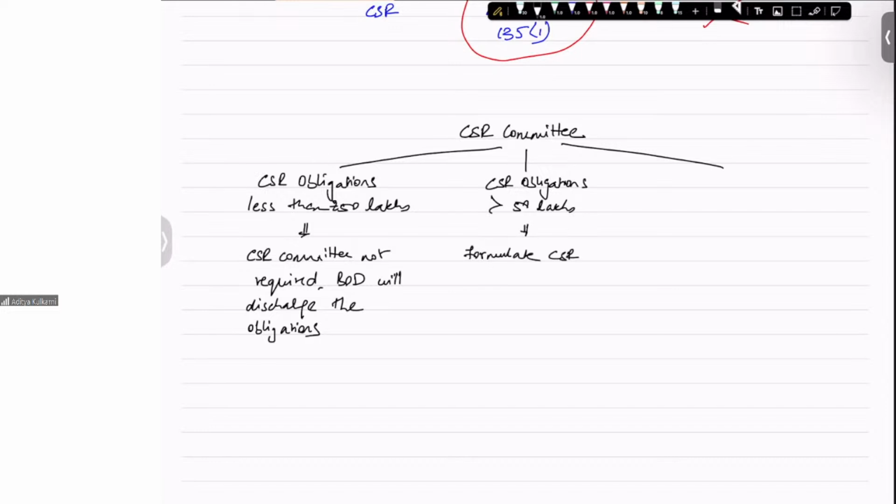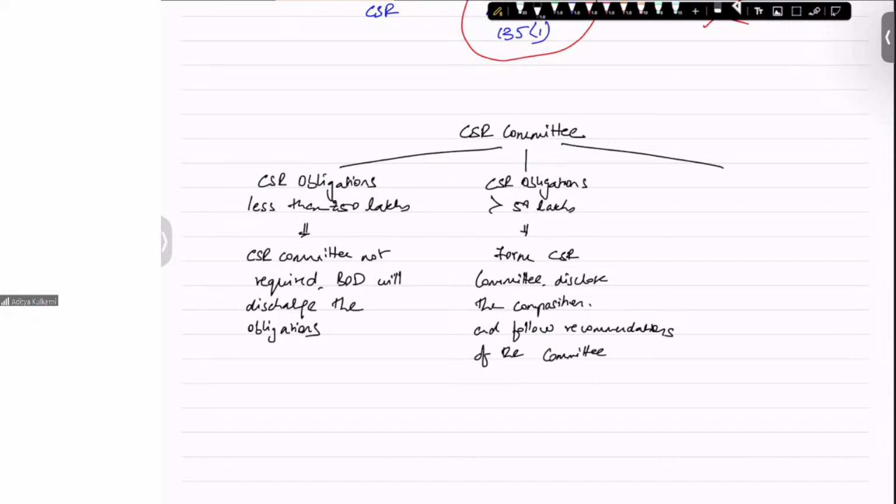Form, not formulate, a CSR committee, disclose the composition, and follow the recommendations of the committee.